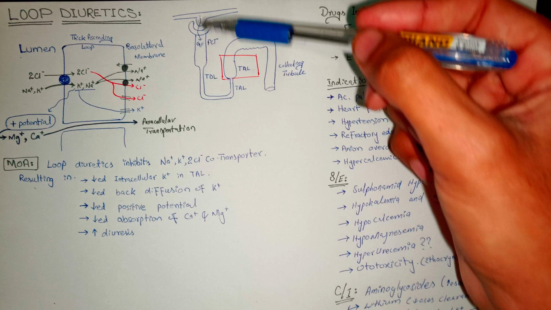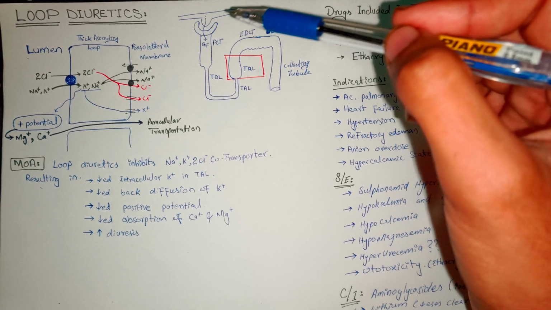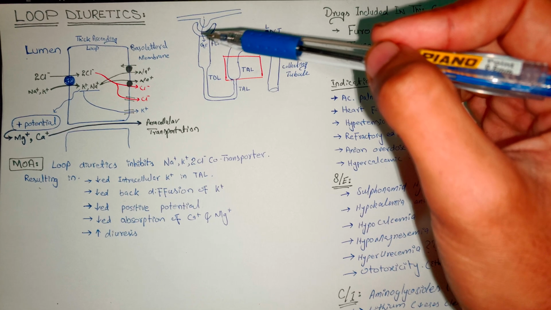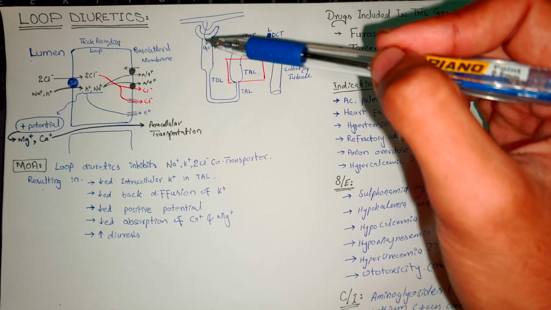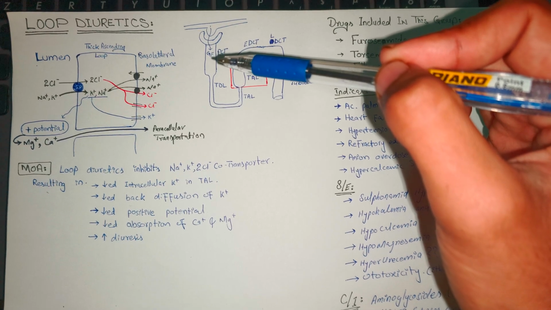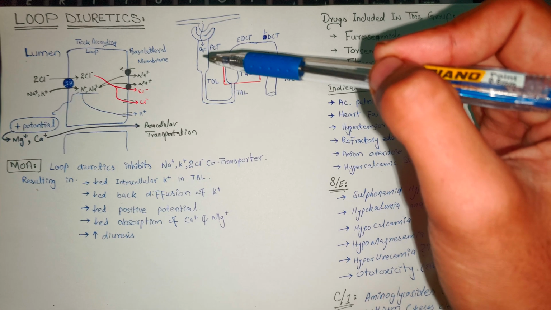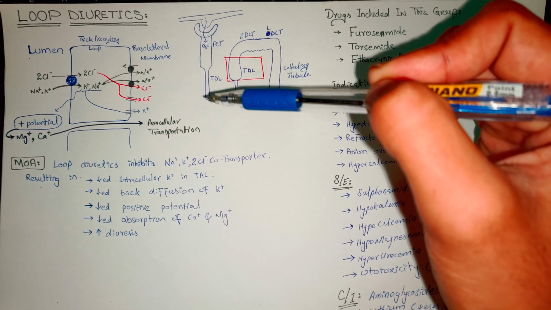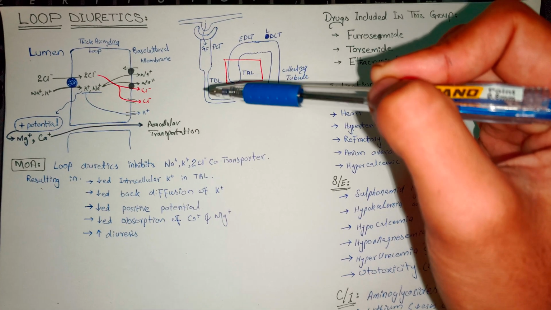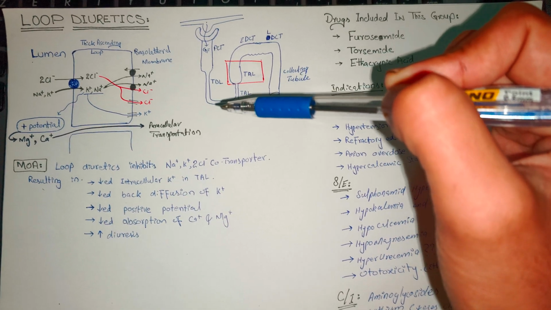So, this is our beautiful nephron. Here is the juxtamedullary network of capillaries, and here is the Bowman capsule, where we have glomerular filtration, which comes to the PCT, the proximal convoluted tubule, from where it goes to the thin descending loop of Henle.